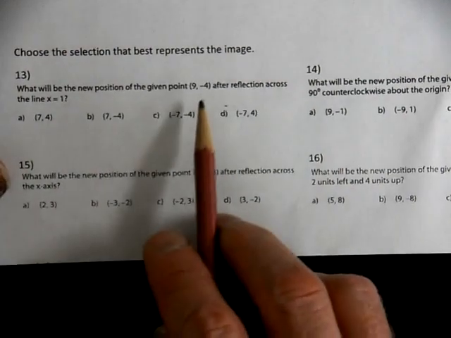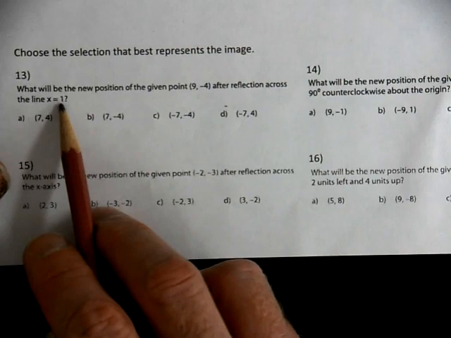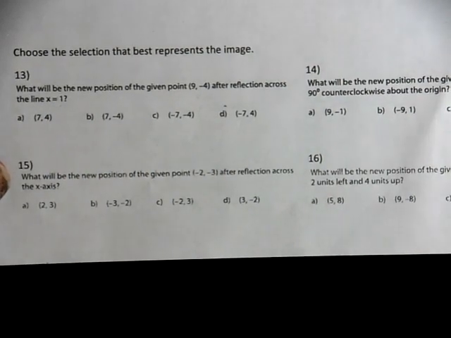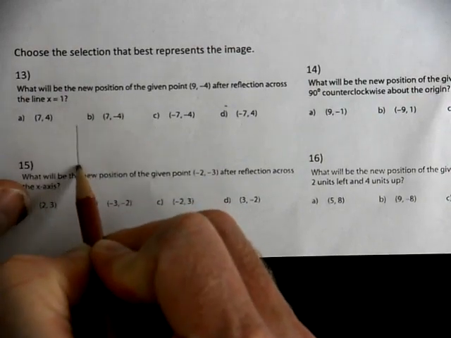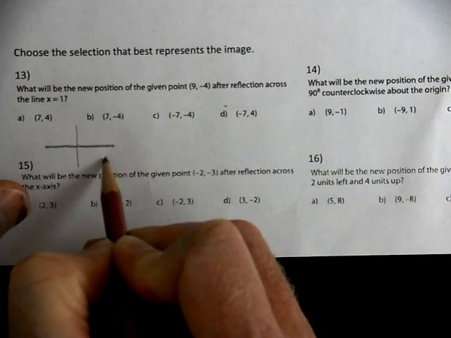What would be the new position of this point if we reflect it over the line x equals 1? Well, this is a lot harder if you're not on graph paper. So you've got to be a thinker. We're at 9, -4.